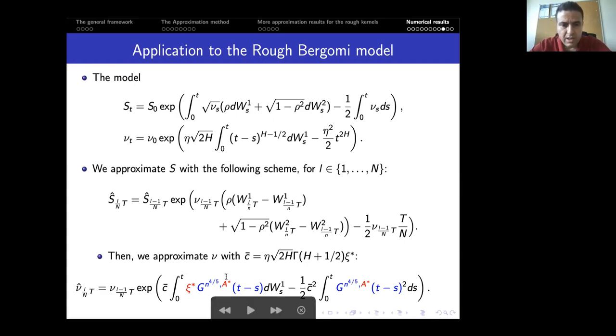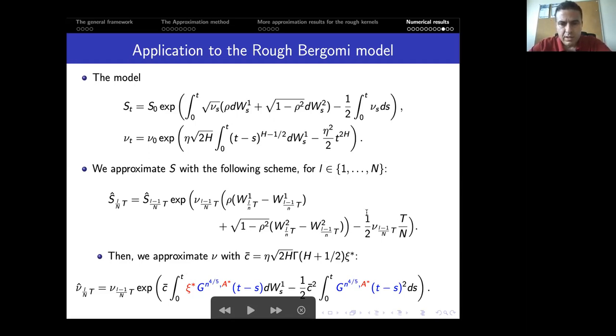This means that we kept here the kernel that is truncated with optimal constant a star, optimal constant xi star, and with the Simpson rule improved by the tricky choice of the Dirac weights. So this is the approximation for this integral that we plug in this exponential, and then plug in the whole approximation of the stock price.